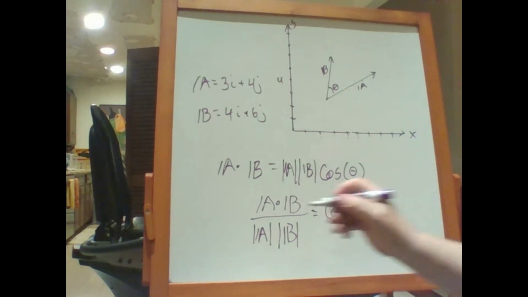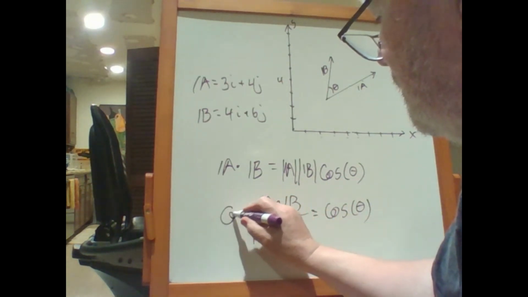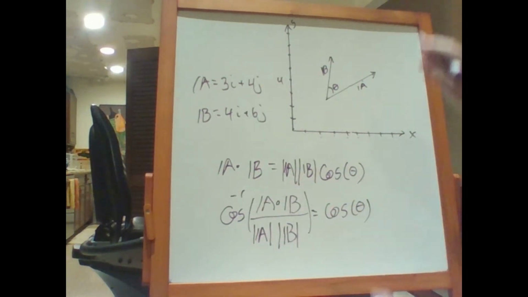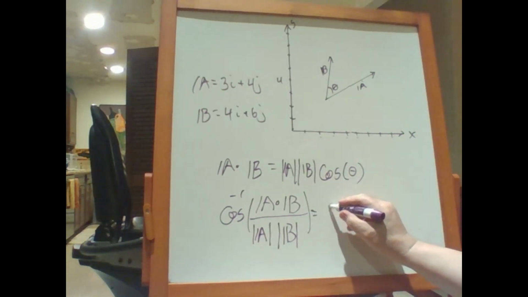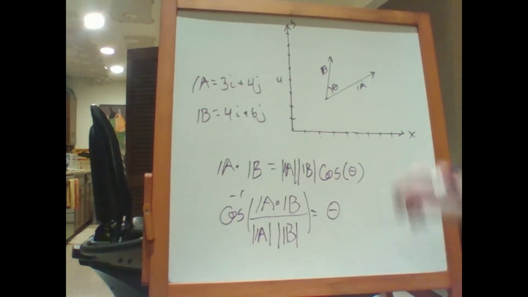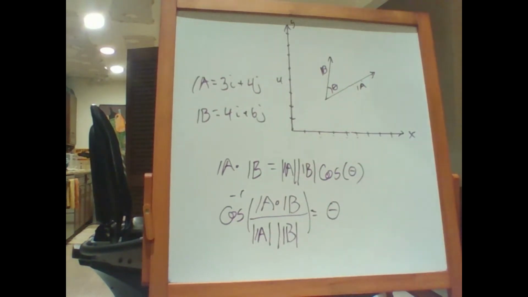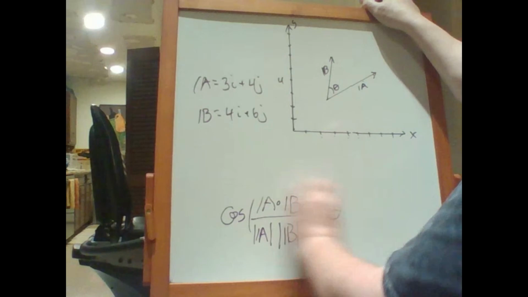Then we take the inverse cosine of this, which is equal to theta. And that's how we get that angle between the two vectors. So the dot product over the magnitudes. Let's take a look at a problem here.